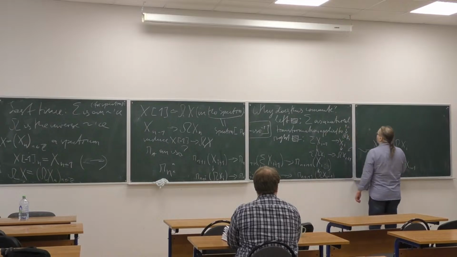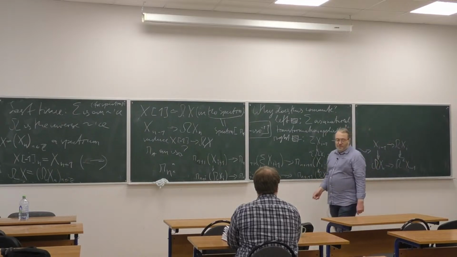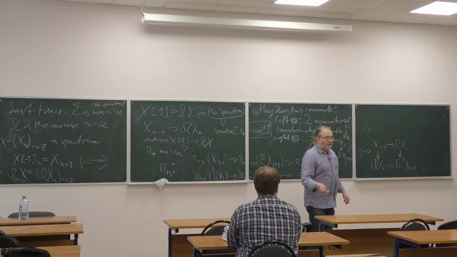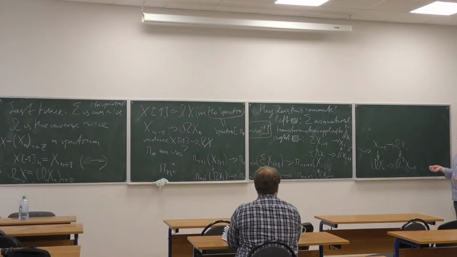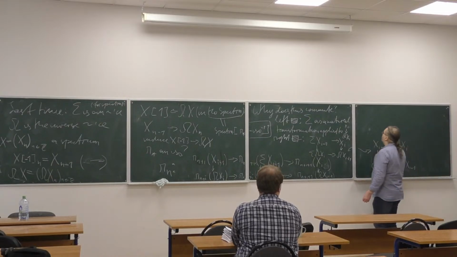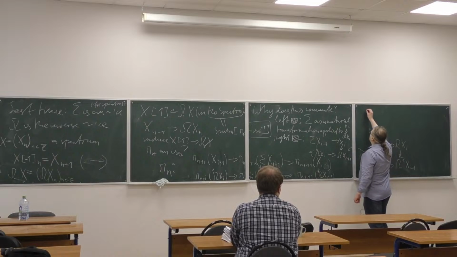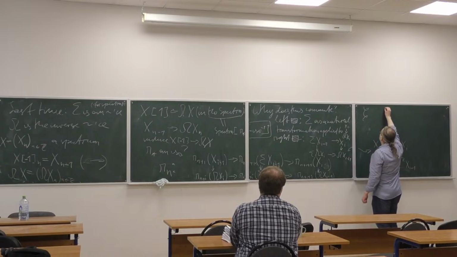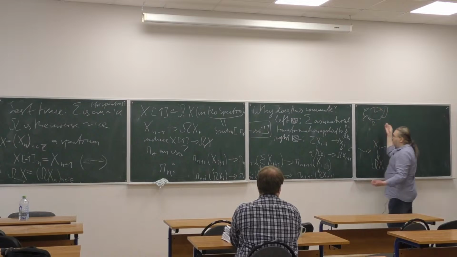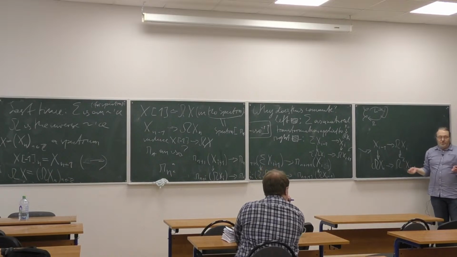Well, now we need to remember that suspension and omega are adjoint functors. So suppose we have, this is in fact quite general.